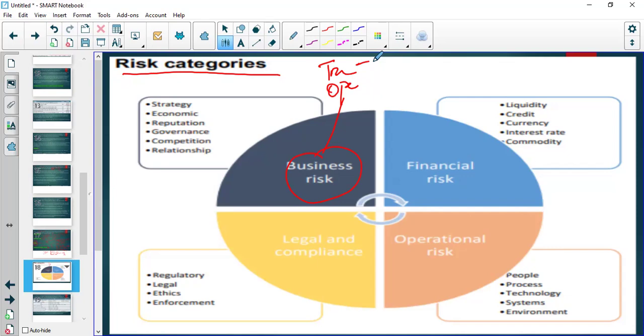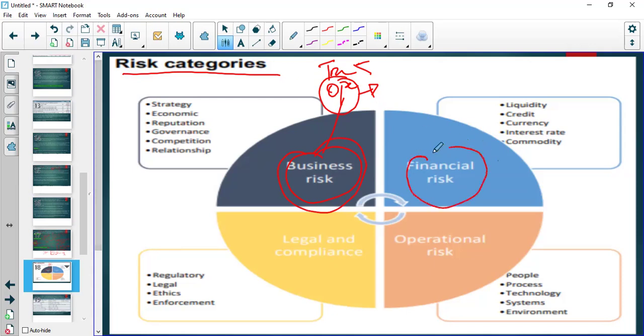So it has to do with our customers and our suppliers. Then operating risk has to do with all the other stakeholders we deal with, like your labor, your employees, your other platforms, your trade unions, your government, your electricity, your other suppliers, right? So that's the business risk in your trading and in your operations, right?